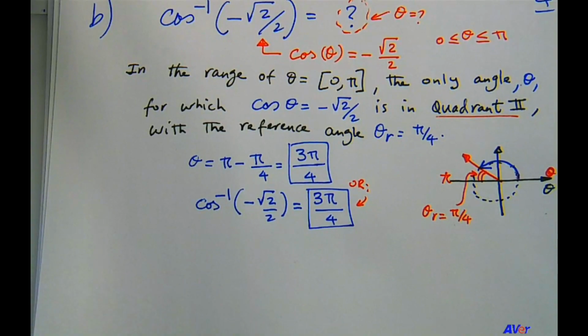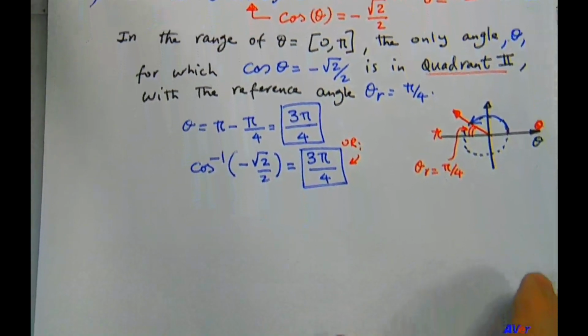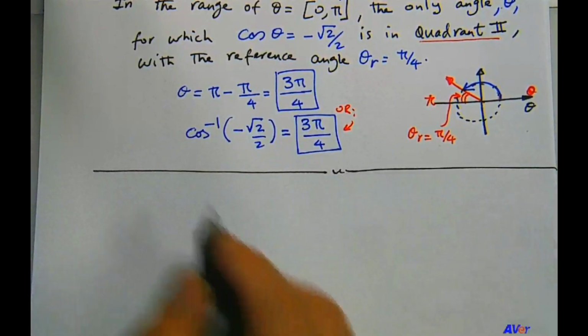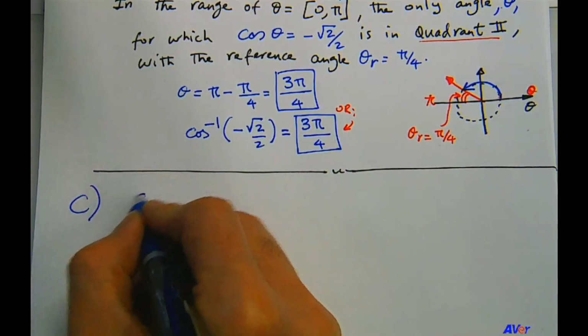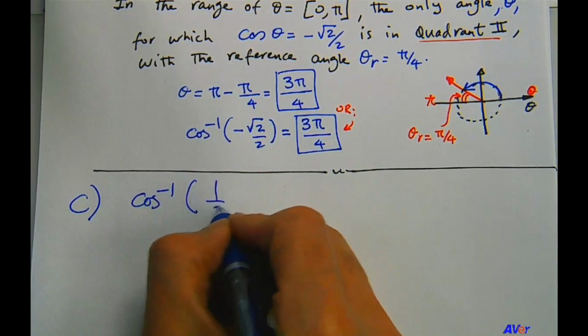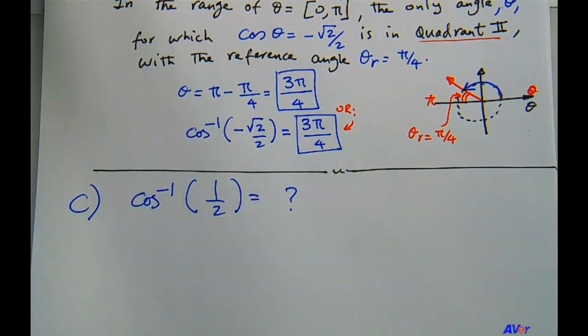So let's see another example of this kind before we move to the tangent of x and inverse tangent of x. Question mark. So I think by now you're on a roll.